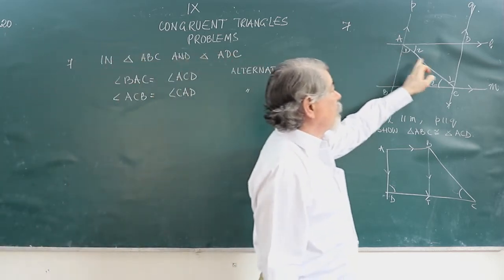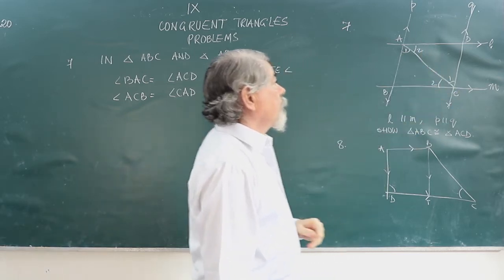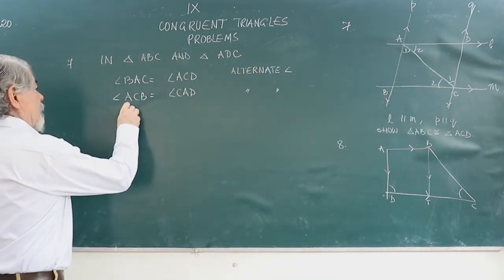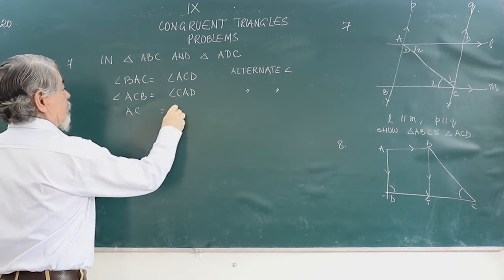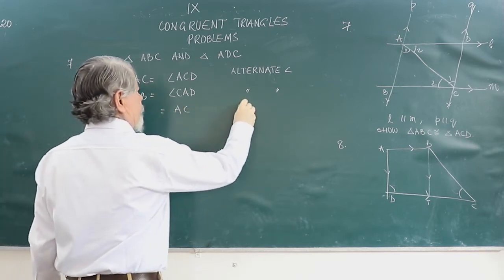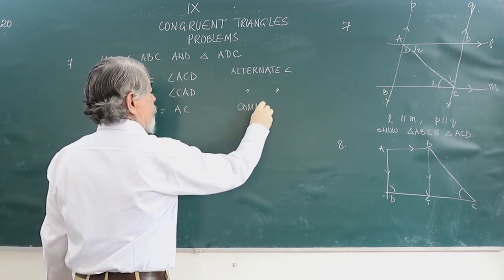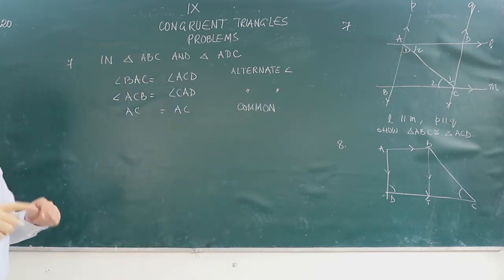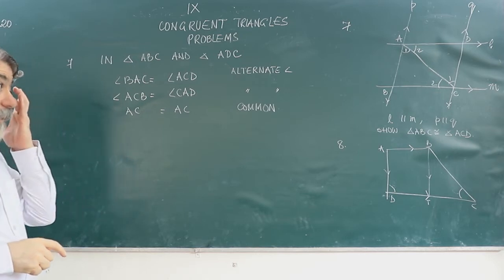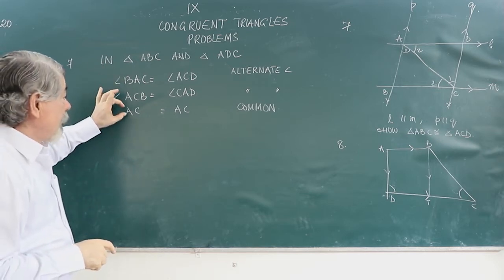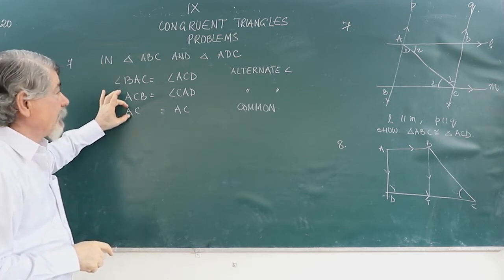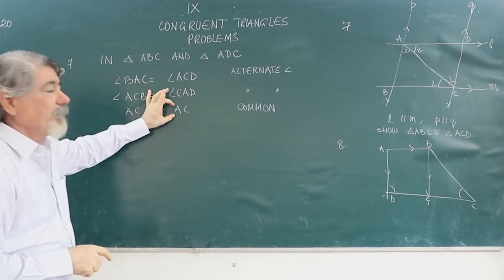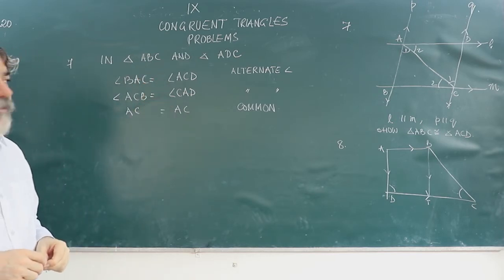Angle 1 is equal to angle 1, angle 2 is equal to angle 2, and AC is common. So two angles and the included side of one triangle are equal to two angles and the included side of the other triangle.